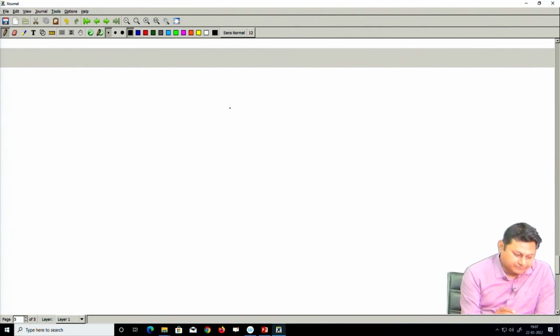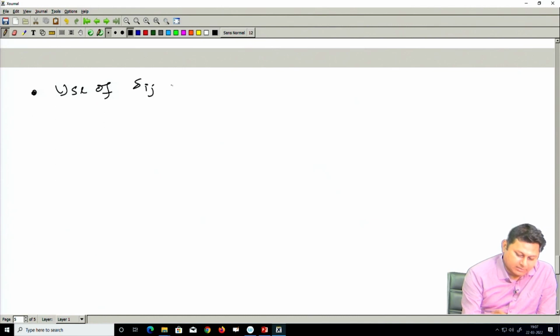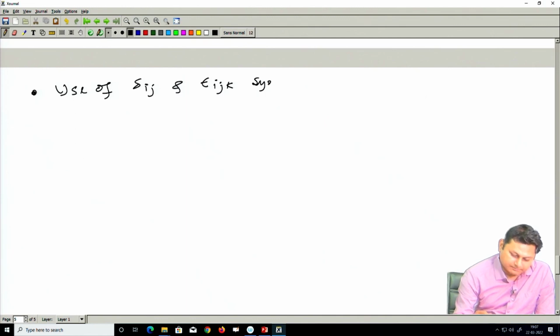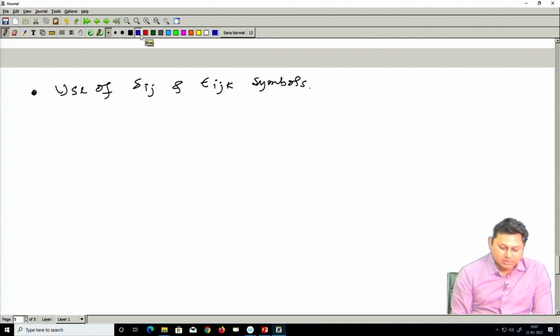So, the use of delta ij and epsilon ijk symbols. What are the uses, that we are going to understand.